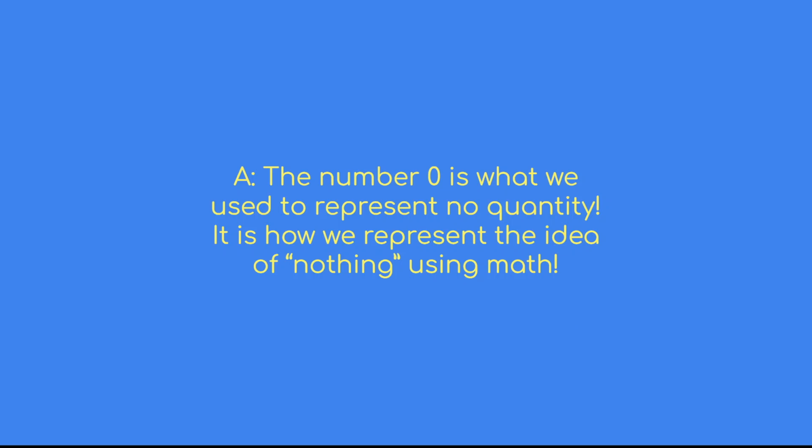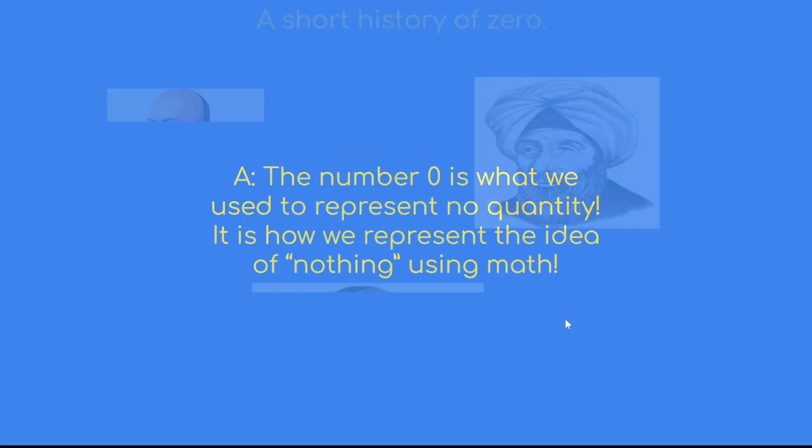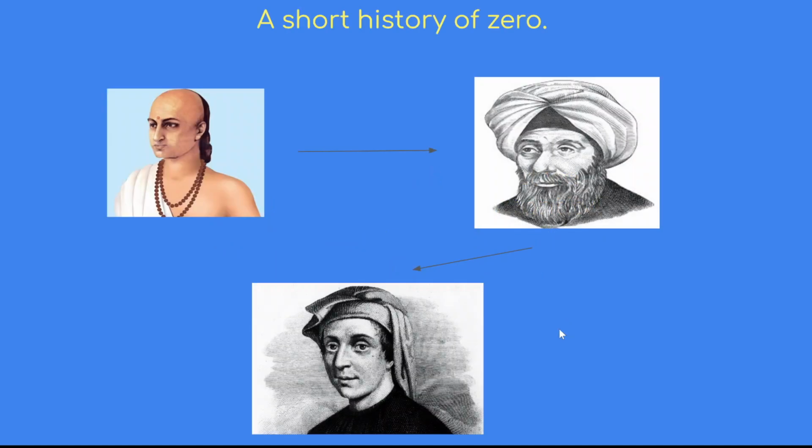Now, let's talk about the history of the number 0 for a bit. In the beginning, there was an Indian mathematician called Aryabhata who pioneered the use of 0 in the decimal place system, which we'll later learn about.